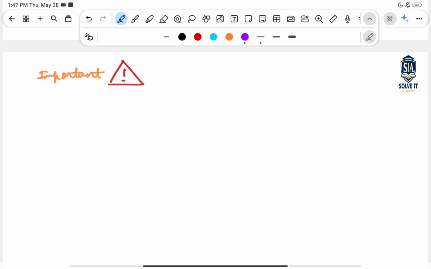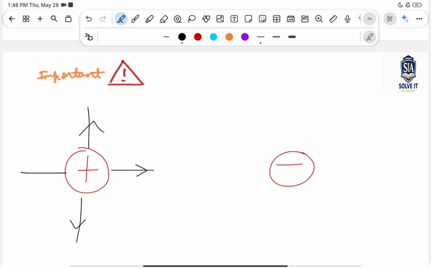Electric field lines in different charge configurations. If here I am taking a positive charge and here a negative charge, due to the positive charge the electric field lines are moving away, and they are perpendicular to the surface, normal.